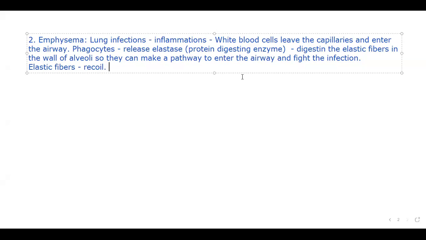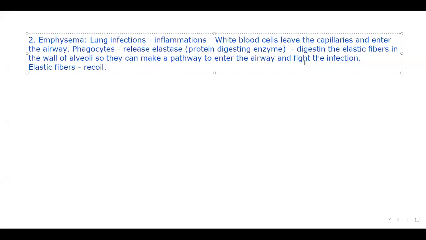But what if a person is constantly suffering from lung infections due to smoking or any other disease? These phagocytes are always going to be producing, or most of the time they will be producing, elastase. Most of the time they will be digesting the elastic fibers.